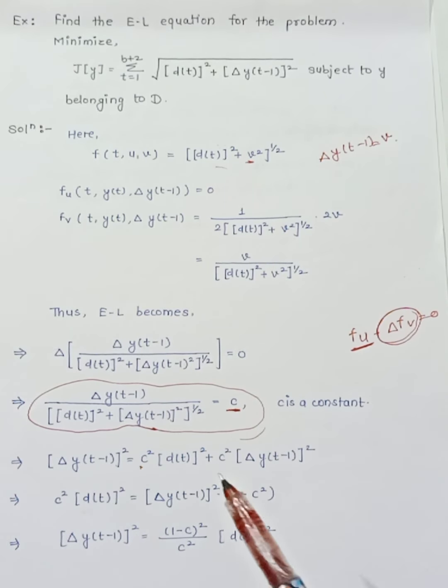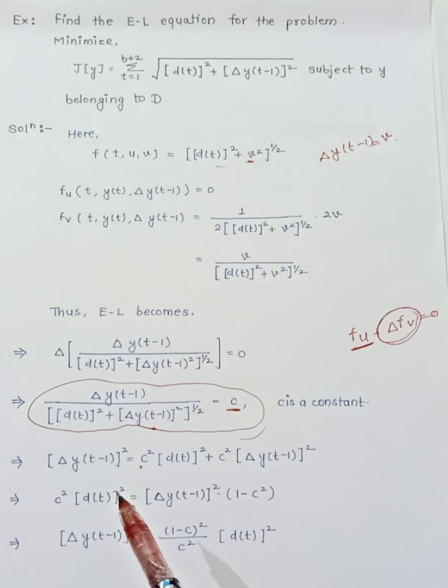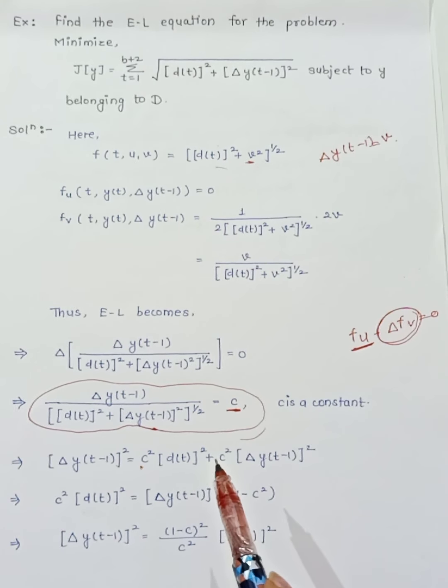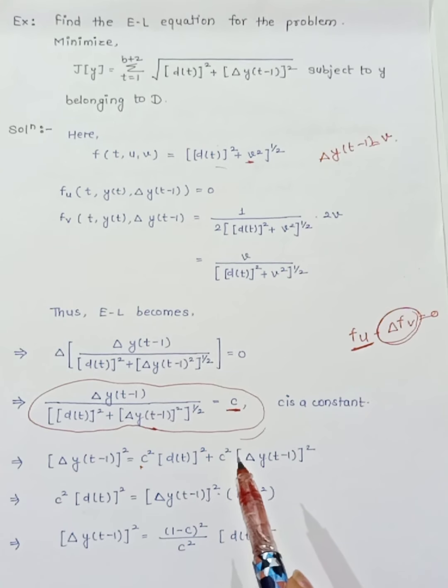So by taking this dt on the left hand side and shifting this to the right hand side, we get (Δy_{t-1})² in common.